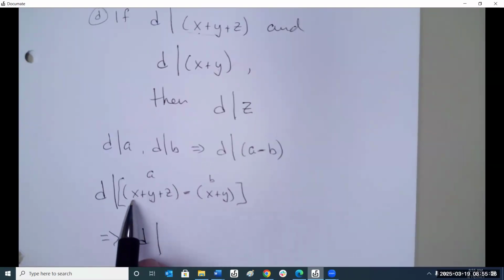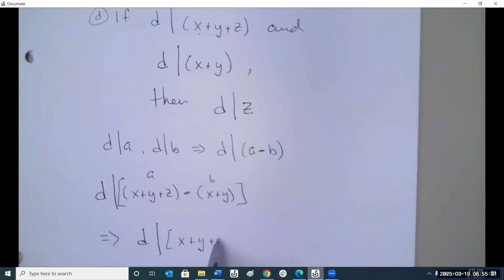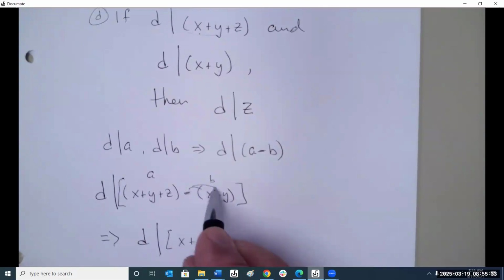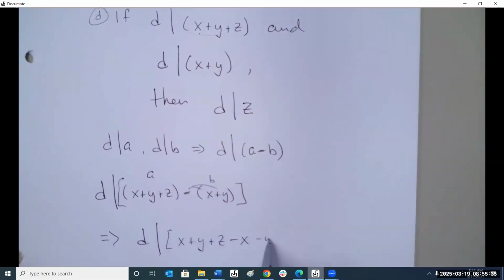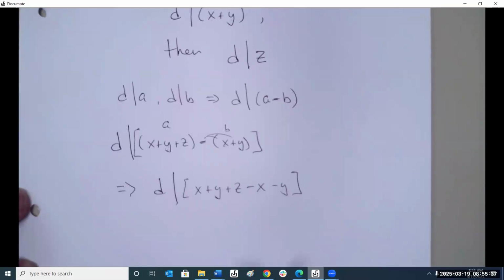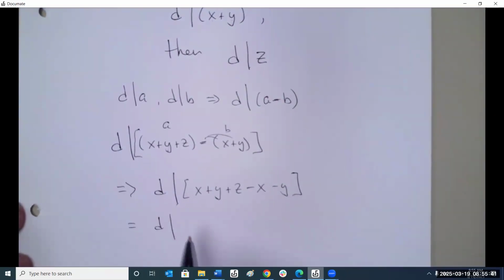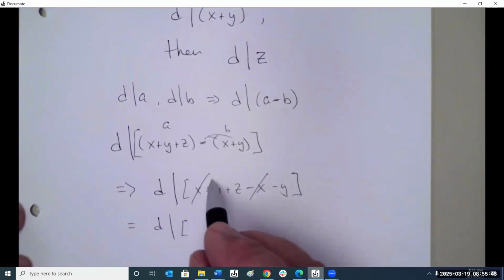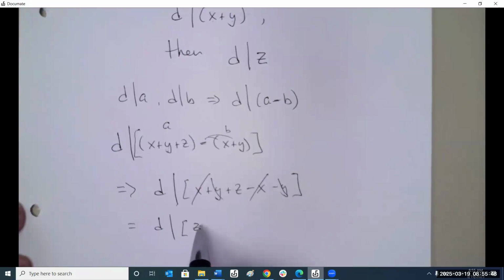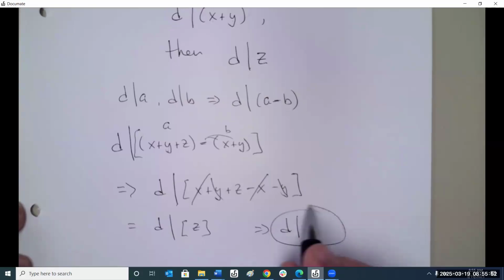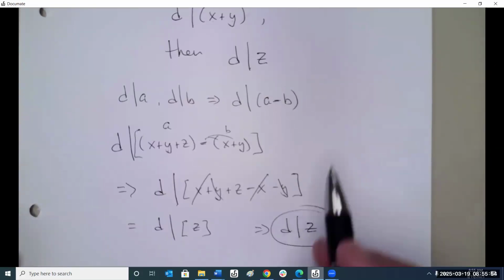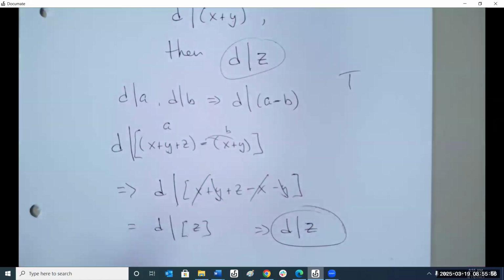So we have here X plus Y plus Z. Distribute that. So we have negative X, negative Y. The X's cancel, the Y's cancel, so we're left with Z. Which is what we're looking for. True.